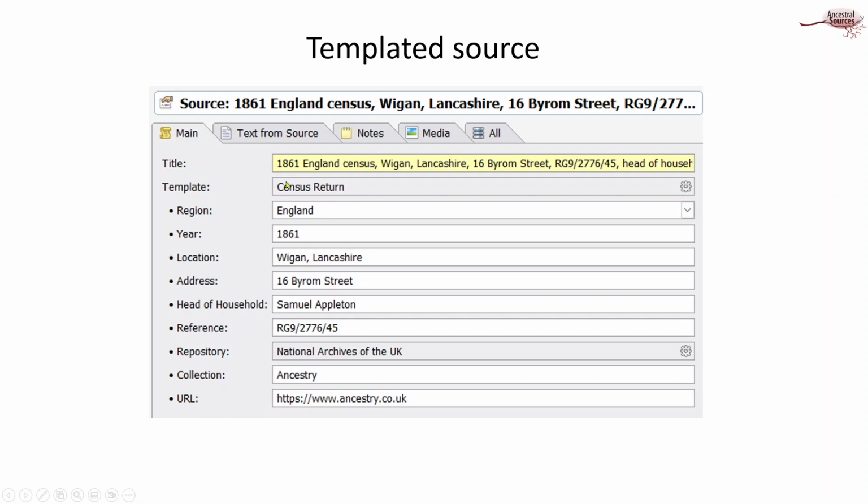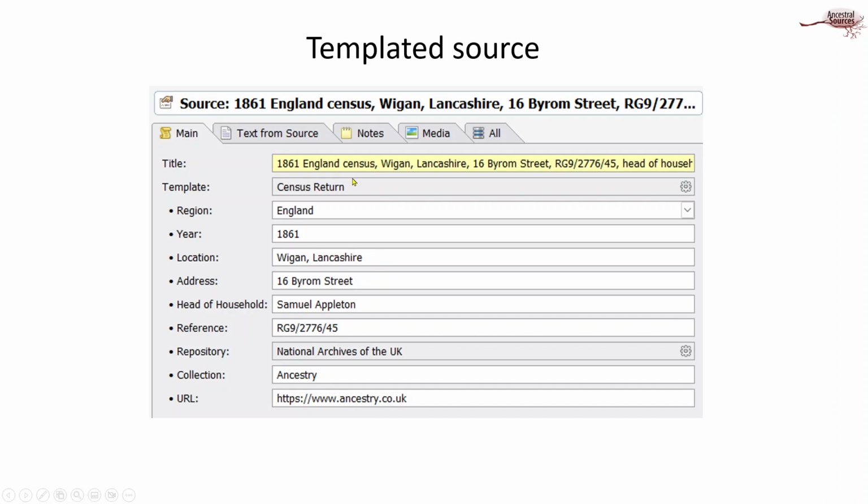So the census return template has all these various fields available to us. So we're able to record that the region is England, the year is 1861, it's in Wigan, Lancashire. We can put the address as well, who the head of household was, a reference, the repositories in there. This has come from Ancestry, and there's the URL, the web address for Ancestry.